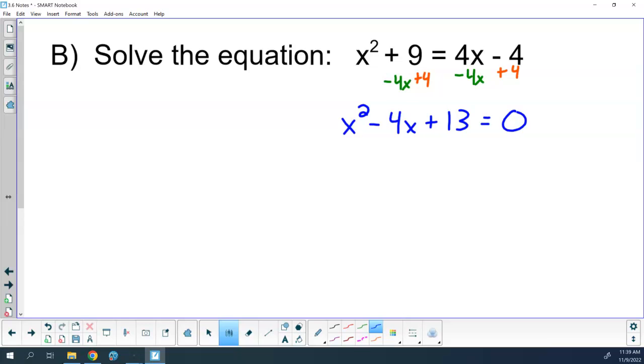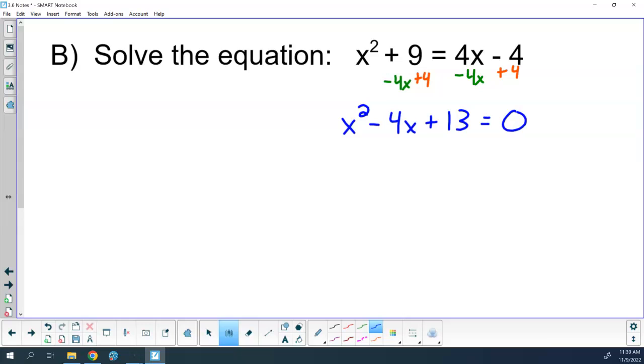Now, if we were at this very moment last week, what would we have done? We would have tried to factor this one. And is it factorable? No, because there's nothing that multiplies together to be 13 and adds to be 4. So we can't factor it. So if we can't factor it, what can we do?